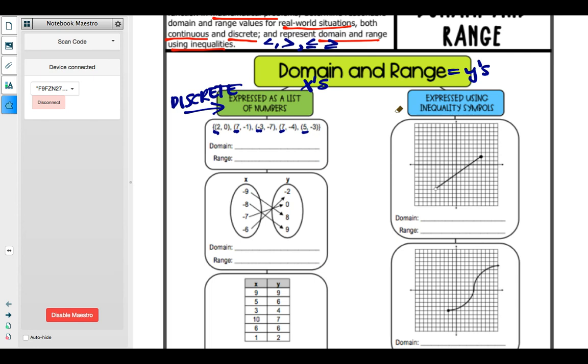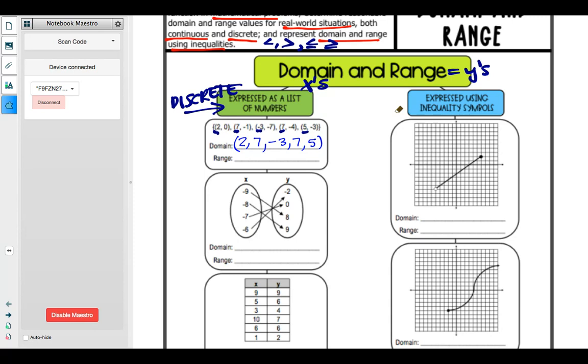So let's go ahead and write those down. So we have 2, we have 7, -3, we have another 7, and then we have 5. And there's our domain listed as a set of numbers.